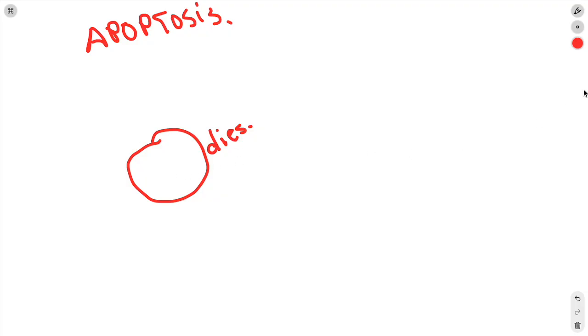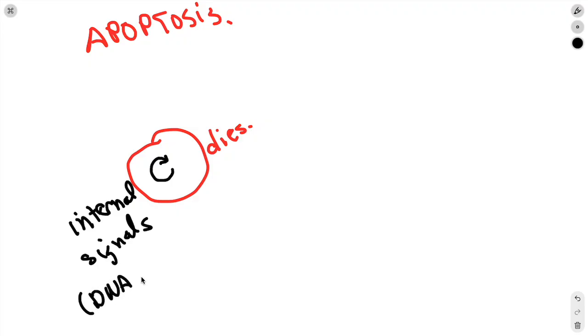And we should say here, just to clarify, in this situation the cell can die because of some internal signal, like that we just learned about DNA damage. So there could be an internal signal, like DNA damage, etc. Lots of things can go wrong inside a cell.